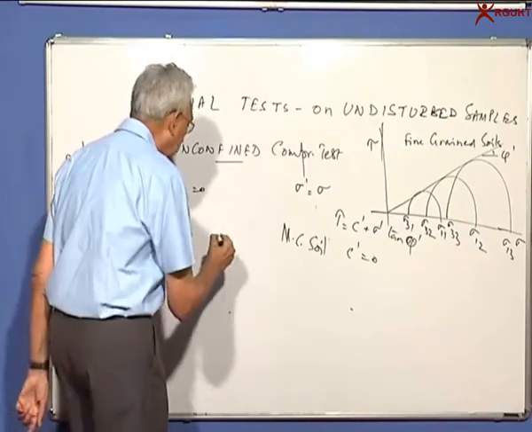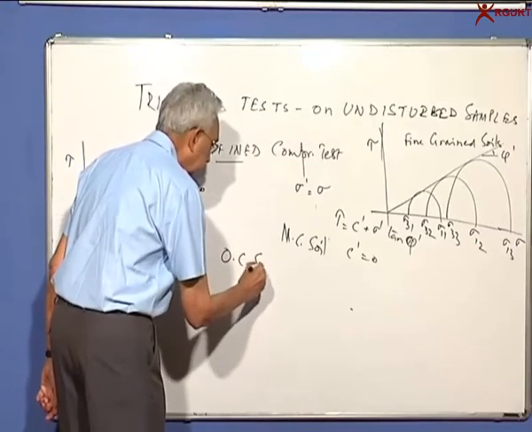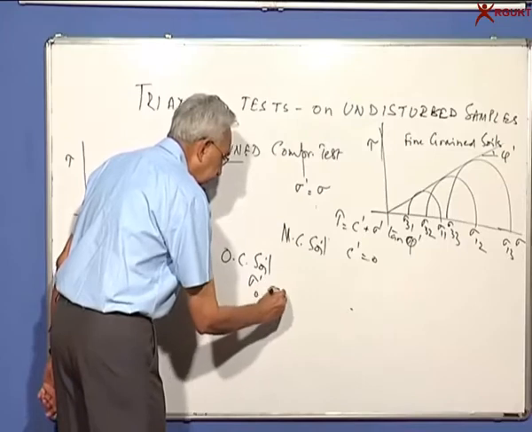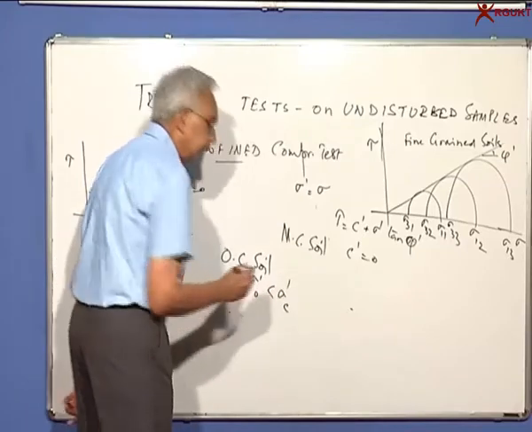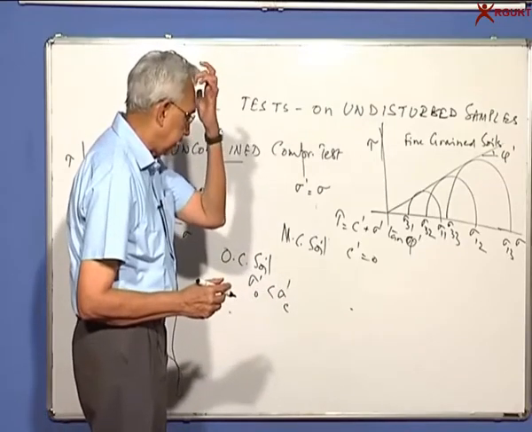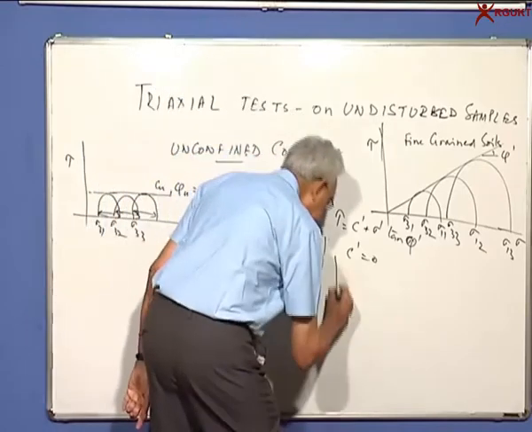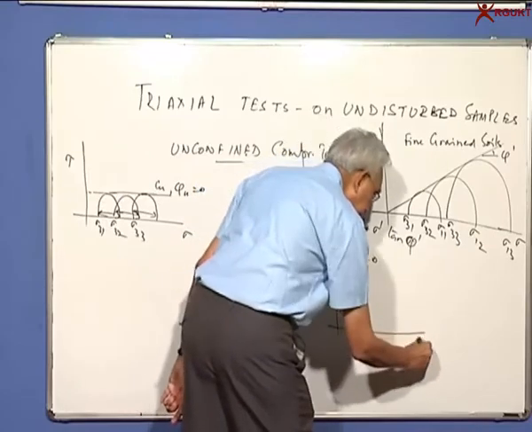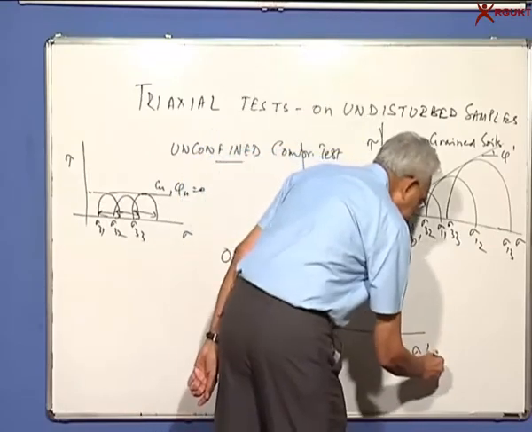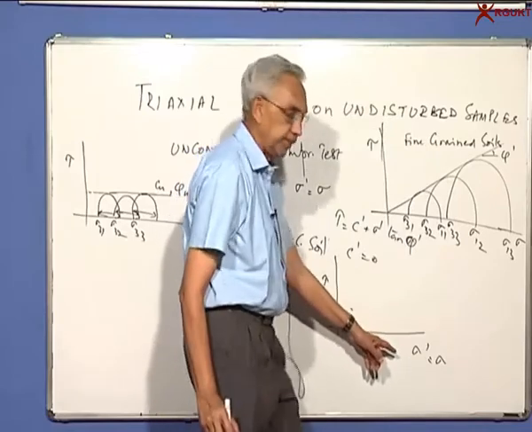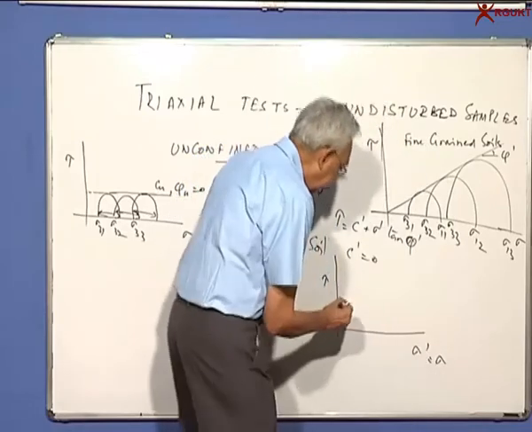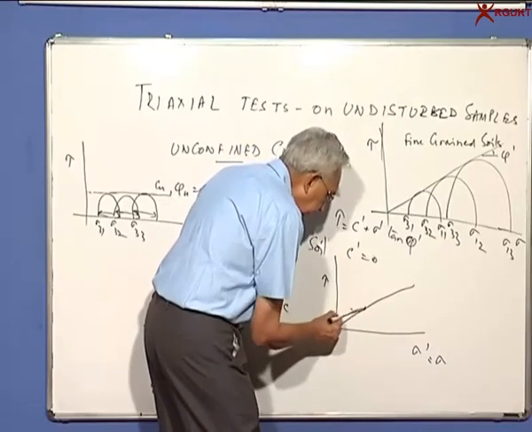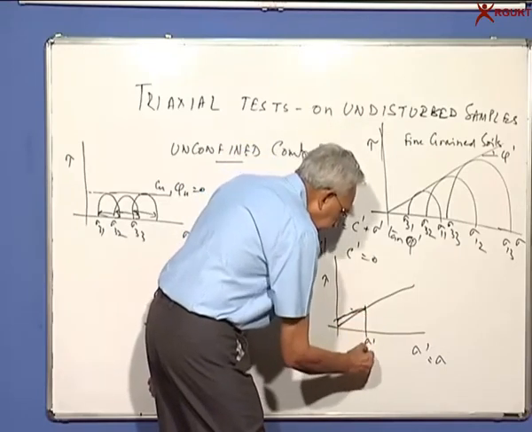If the soil is over-consolidated, that means the initial overburden pressure is less than the maximum past consolidation pressure, then what you will find is when you plot sigma versus tau, and please remember sigma is equal to sigma prime, that is the effective stresses are equal to the total stress, then you will find that there is a slight cohesion up to sigma dash c.